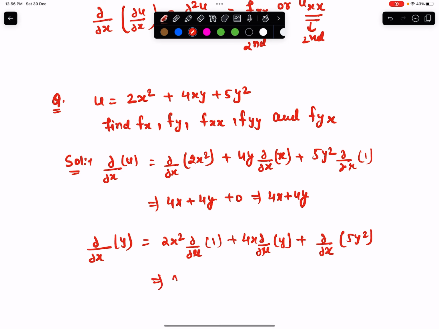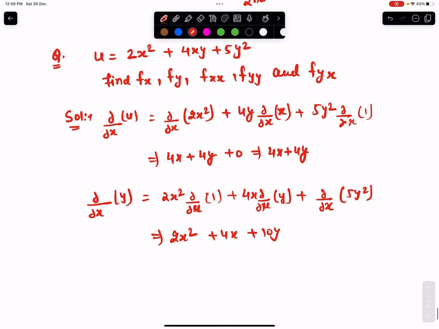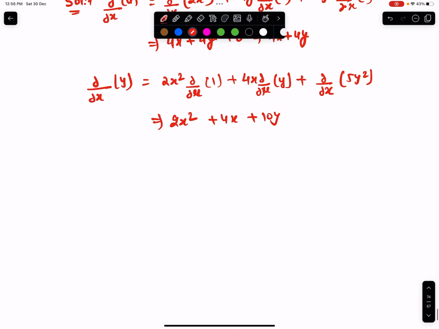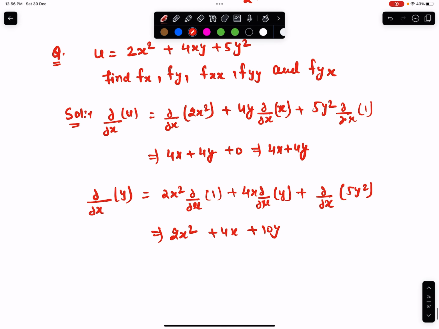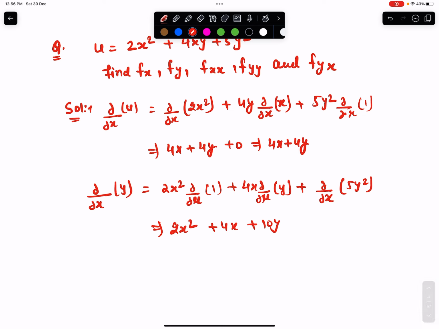So that will be 4x plus 10y. Wait, 2x², sorry, this is 0, so this is 4x + 10y.